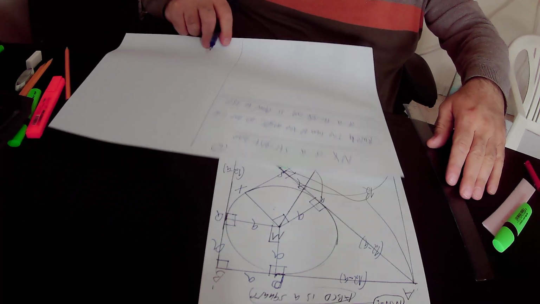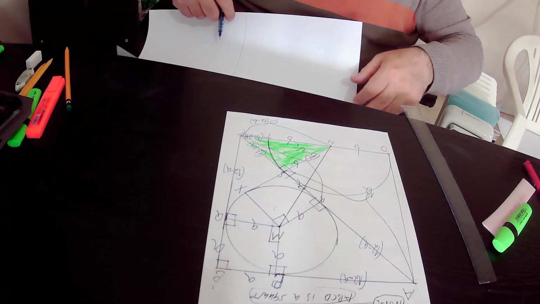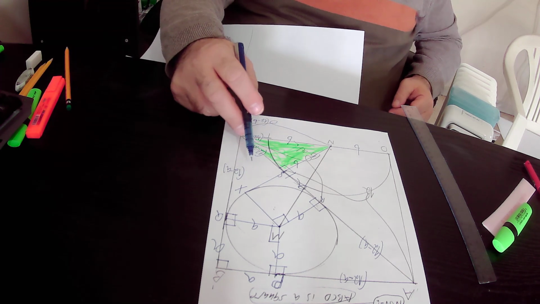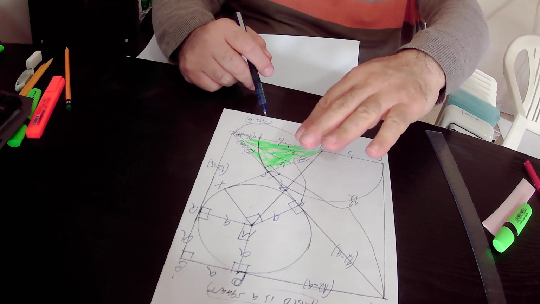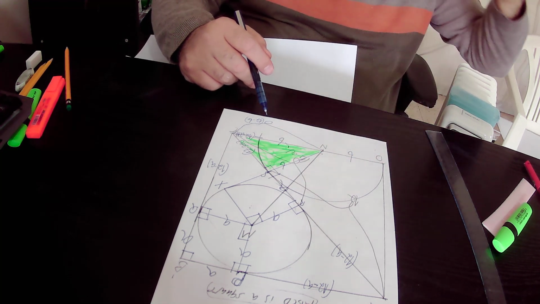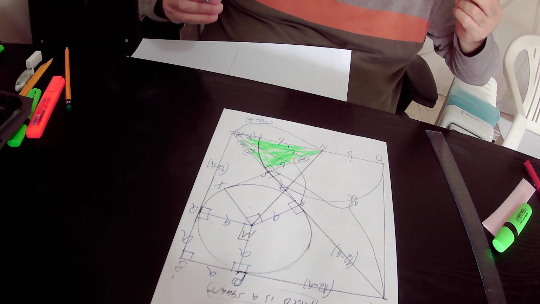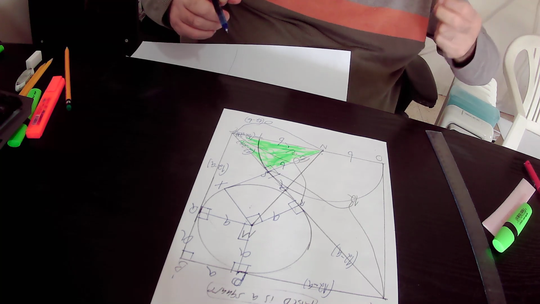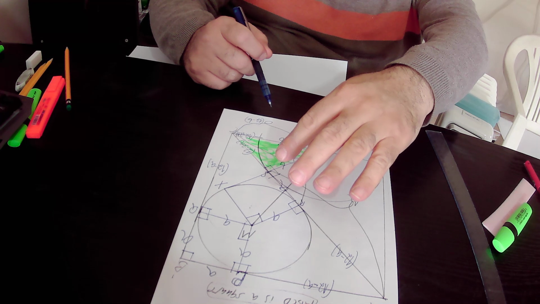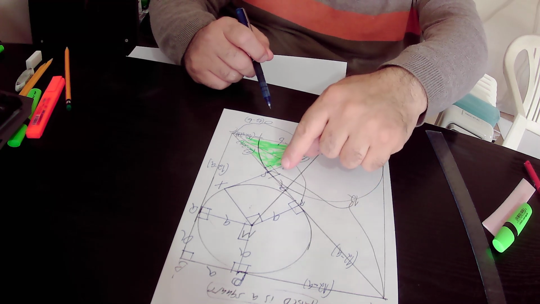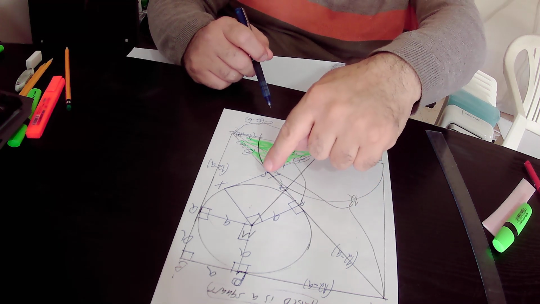So here we have the straight line NX, and if we focus on the upper side of the straight line NX at point S, then the sum of the angles must be equal to 180 degrees according to rule number 4. Which angles do we have on the upper side of the straight line NX at point S? We have here 90 degrees plus angle RSX.